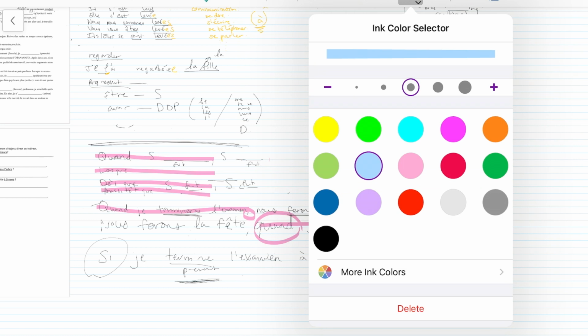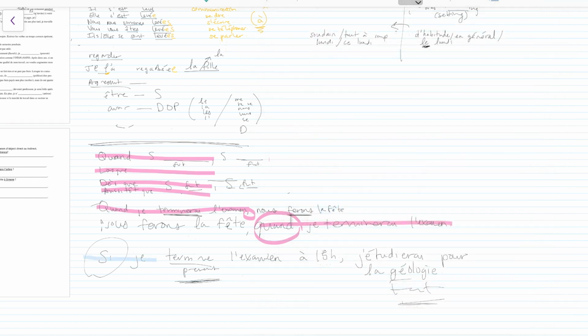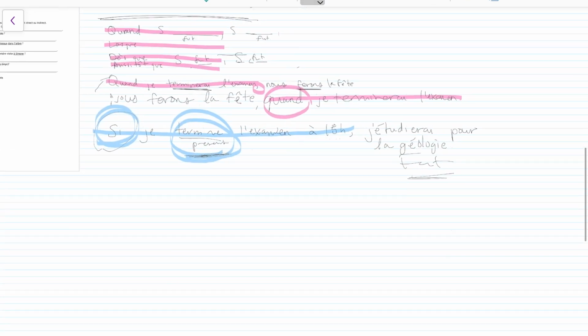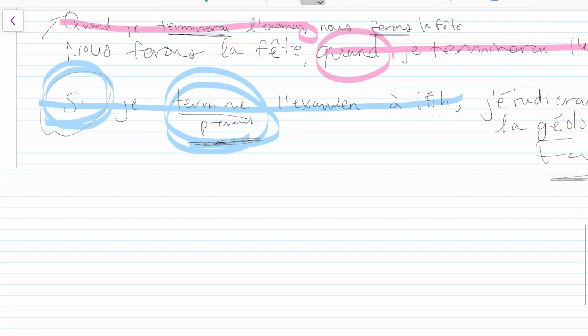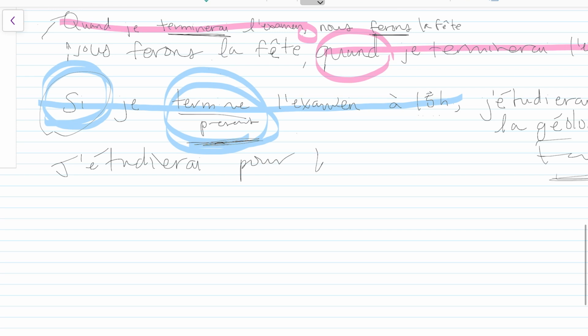So this is a little bit different, but when you commute it as well, if I do this, then I'll do that other thing. But the si is attached to the present tense. That's very, very important. Si plus present is a block. So if I turn it around, j'étudierai pour la géologie.